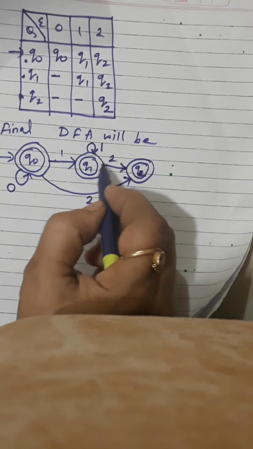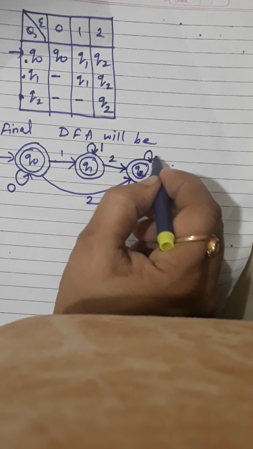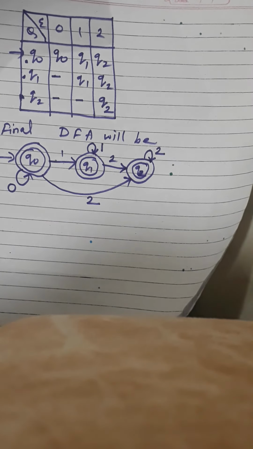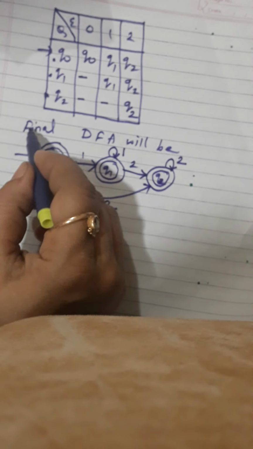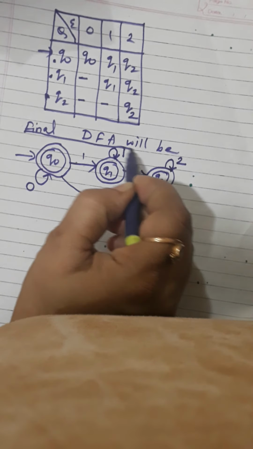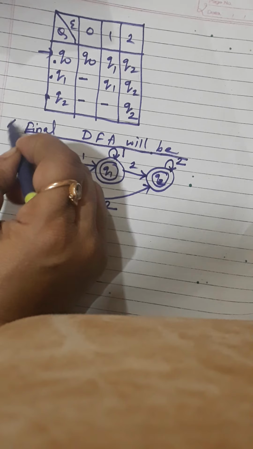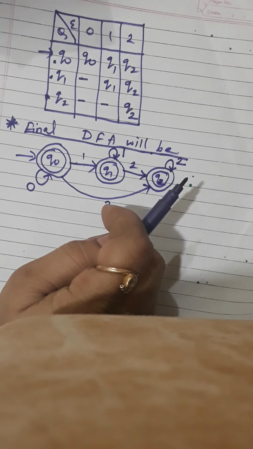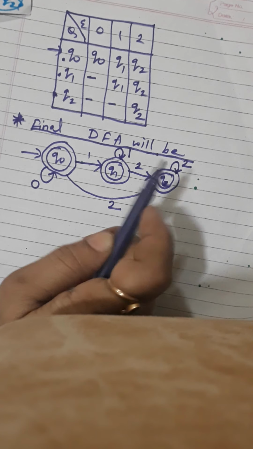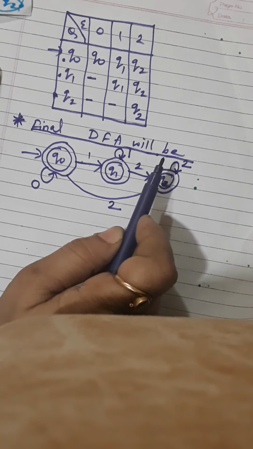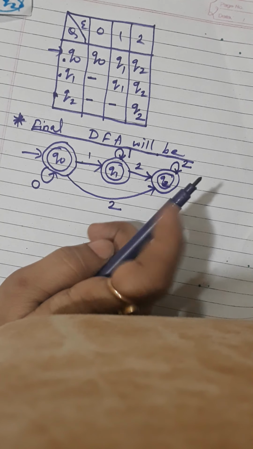Now Q2 on 0 and 1 moves nowhere, but with 2 it is moving here. So I hope you have understood how we will be having a final DFA for the given NFA with epsilon move. So I have used here direct conversion method NFA to DFA.